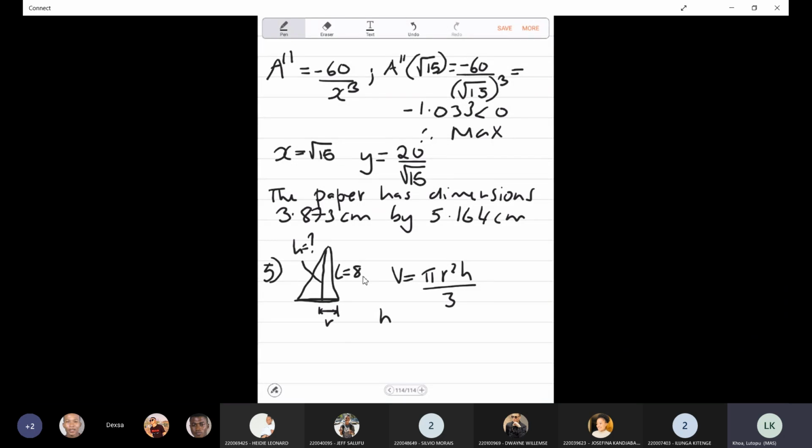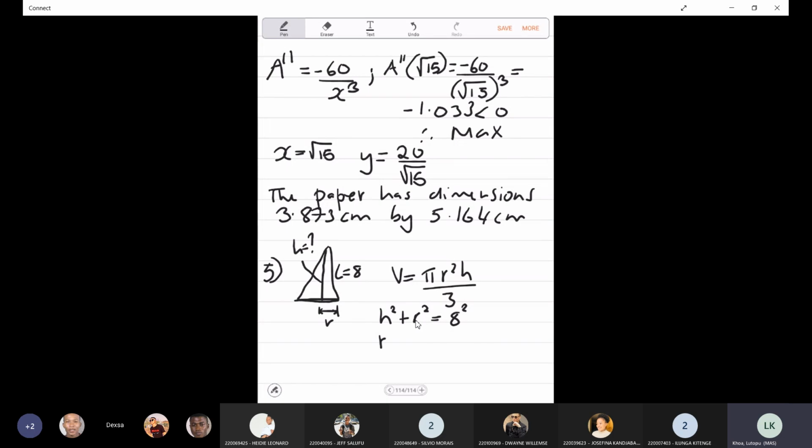So h squared plus r squared is equal to 8 squared. Like with the example that we did, we want to replace one of these variables in terms of the other, and we obviously want to keep the h because that is the one we are asked to solve for in the question. So we make r squared the subject of the formula here.